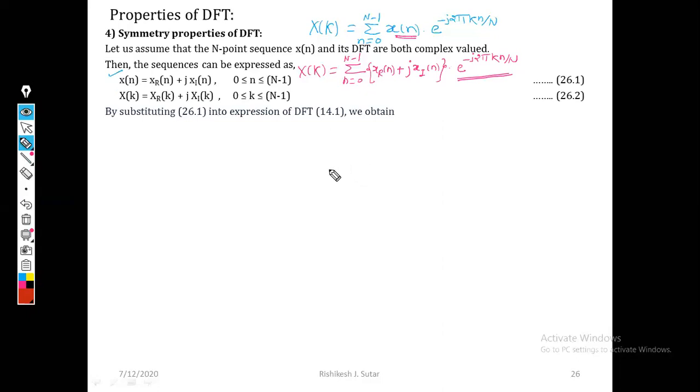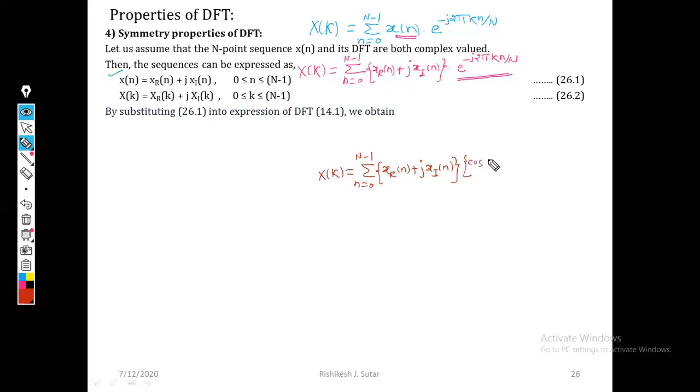Here we can write x of k is equal to summation n runs from 0 to N minus 1 of xr of n plus j xi of n, multiplied by this e raised to minus j 2 pi k n by capital N. I can write it in terms of cosine and sine.